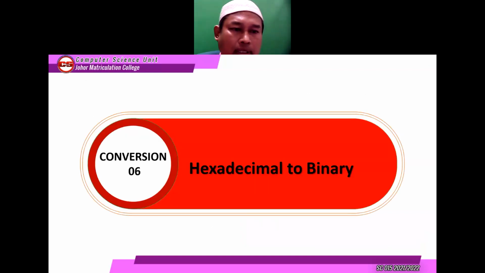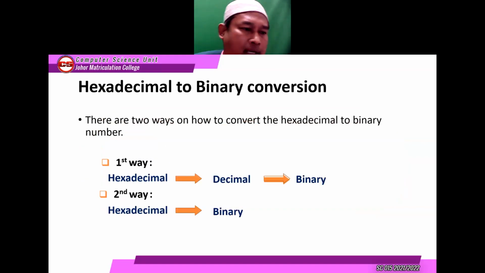Okay, now hexadecimal numbers to binary numbers. Before this, we converted binary to hexadecimal. Now hexadecimal numbers to binary numbers. It's the same conversion, with two ways.